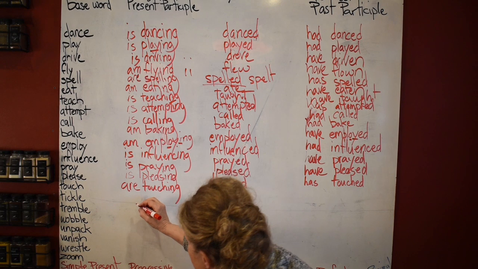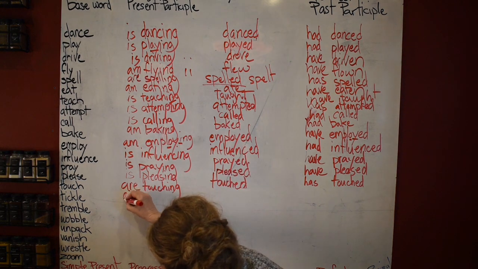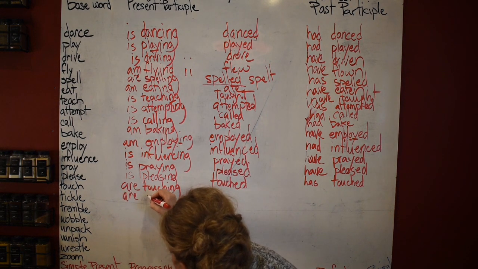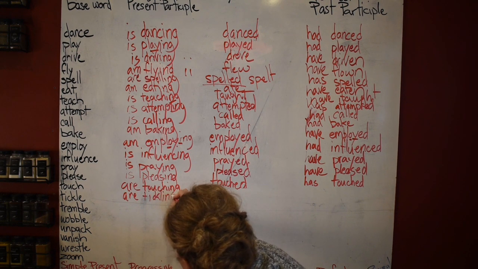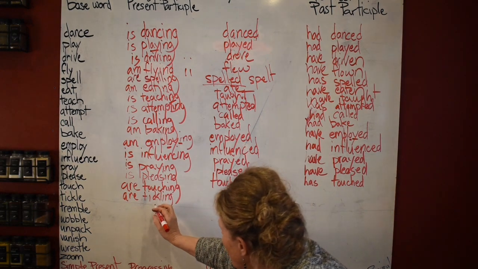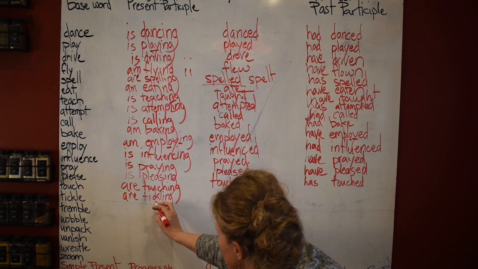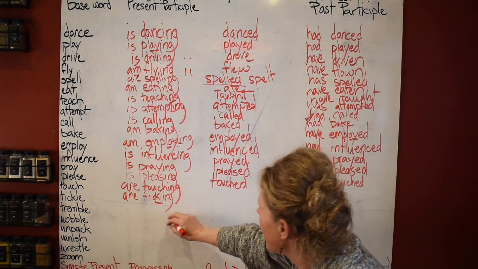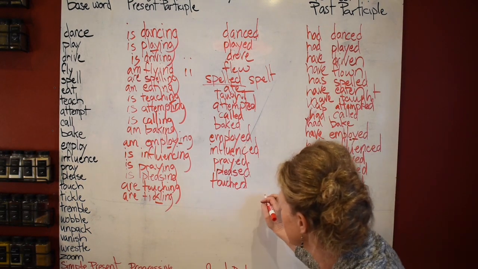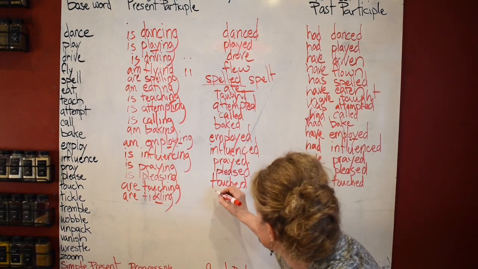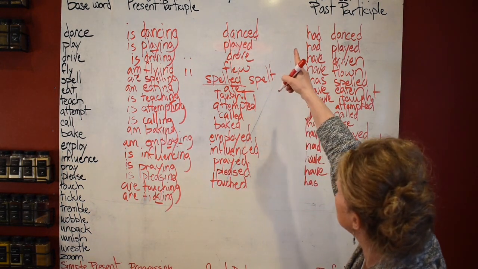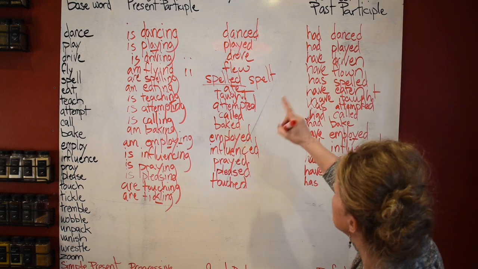Tickle. Okay, so are or is, either one, tickling. You're going to drop that E. This is a consonant L-E syllable. You're going to drop the E and add on your vowel suffix. How about right here? Oh, tickled. Tickled is your past tense. It's your number 3.